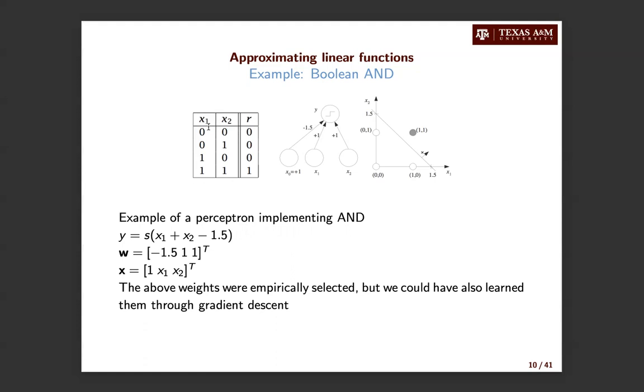The first 2 columns of this table represent the two-dimensional input space, and the last column represents the class output, which is the result of the Boolean AND. So we can see that when either of the 2 input variables is 0, then the result is 0. Otherwise, if both input variables are 1, then the result is 1. So the question here is, how can we use this perceptron unit in order to implement this Boolean AND function?